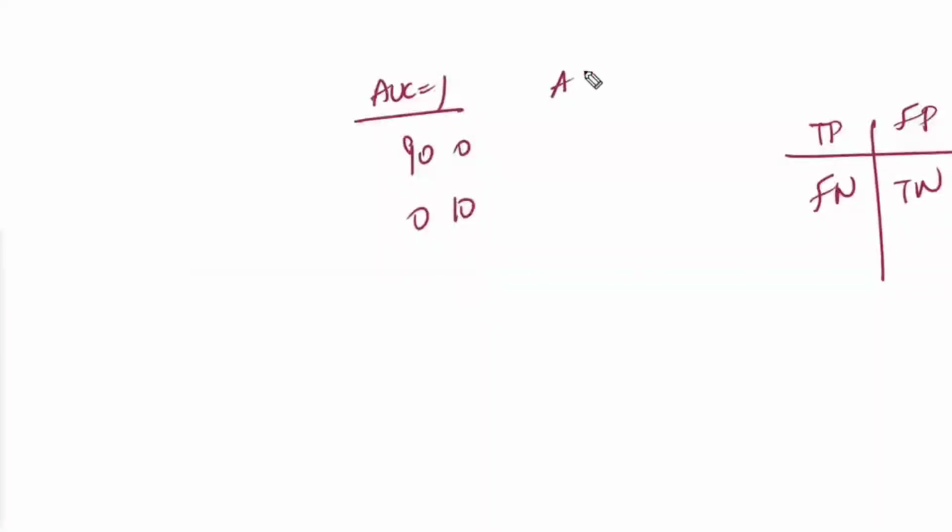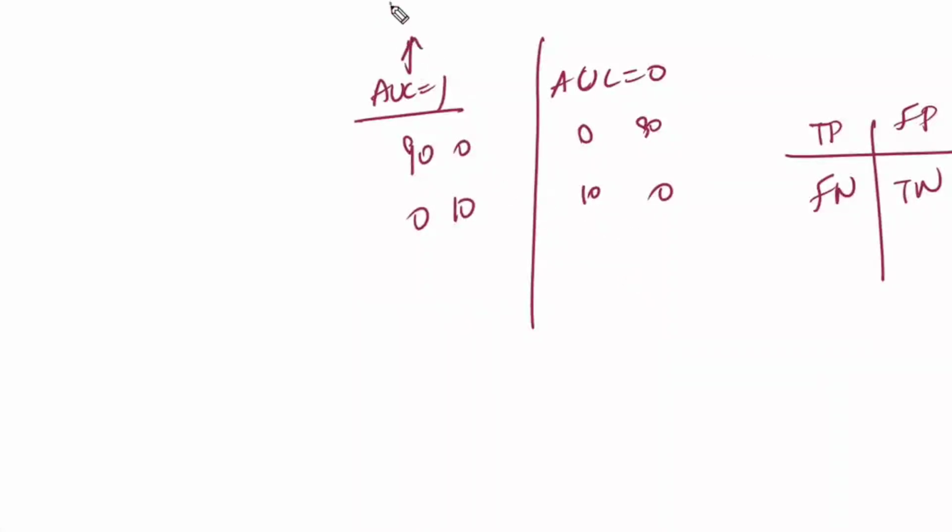If AUC is equal to 0, you are going to get 0, 0 on the correct side, everything is misclassified and every record is misclassified. Here don't apply the logic of 90 and 10. Apply the logic of everything being correctly classified, everything being wrongly classified.